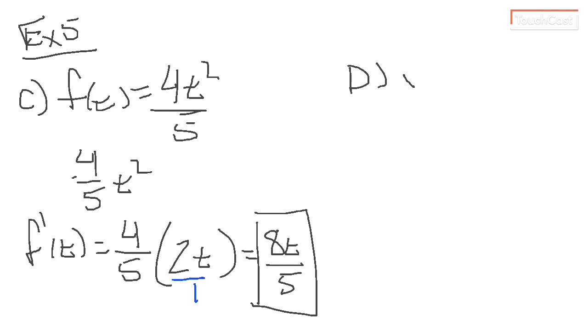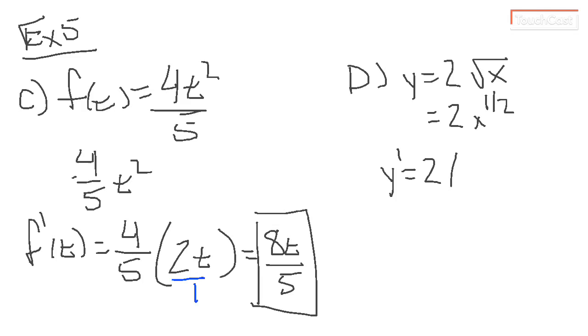We're going to have y equals 2 square roots of x. We can rewrite this as 2x to the 1/2. In fact, we want to do that. So now when we find the derivative, we're going to have 2 times, we bring that 1/2 down, x to the negative 1/2.